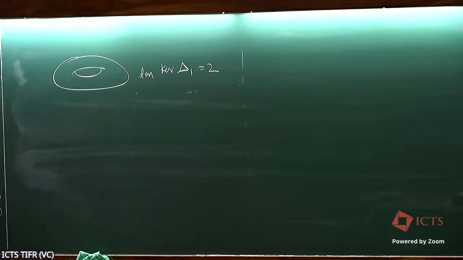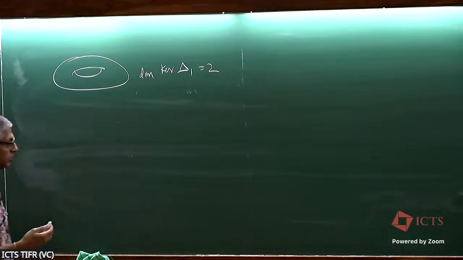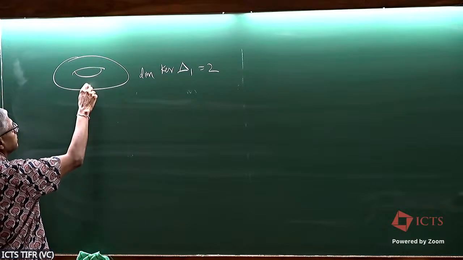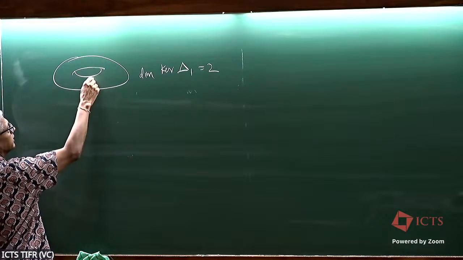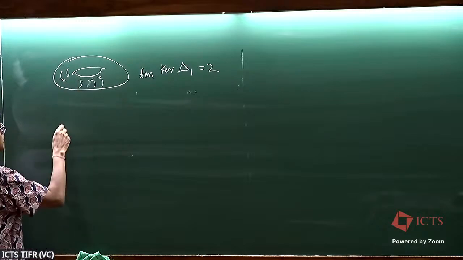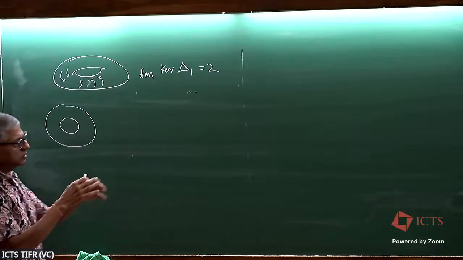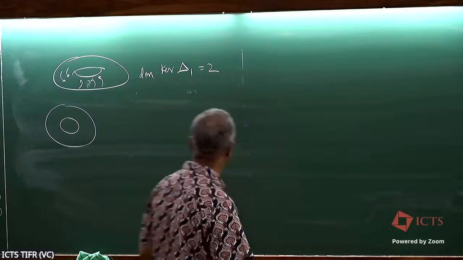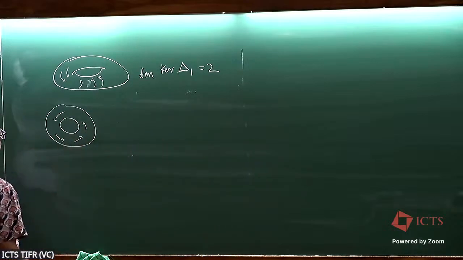So the kernel will be 2-dimensional, and those are harmonic forms. If you were to visualize them as vector fields, they would look like vector fields that go around this way and vector fields that go around this way. If you do these things with boundary also, it's a little bit more involved, so you have to use relative cohomology in some place or something else. But the harmonic form looks like this for the one-Laplacian.